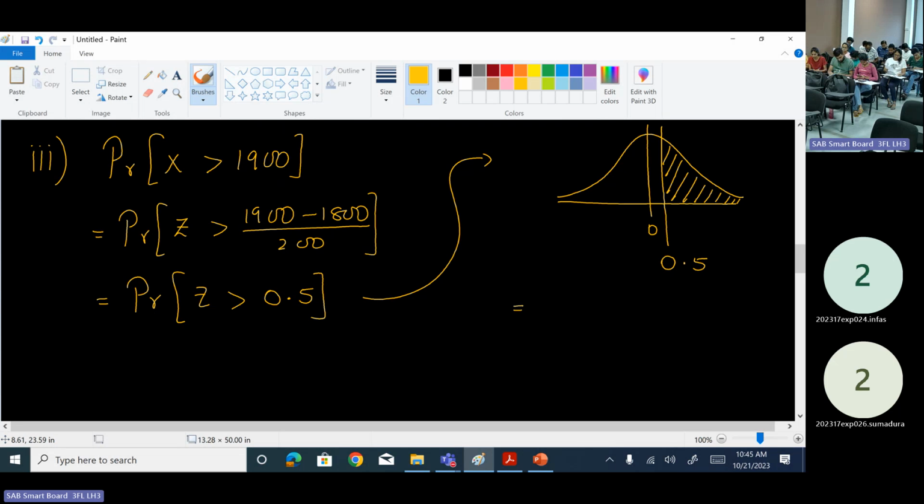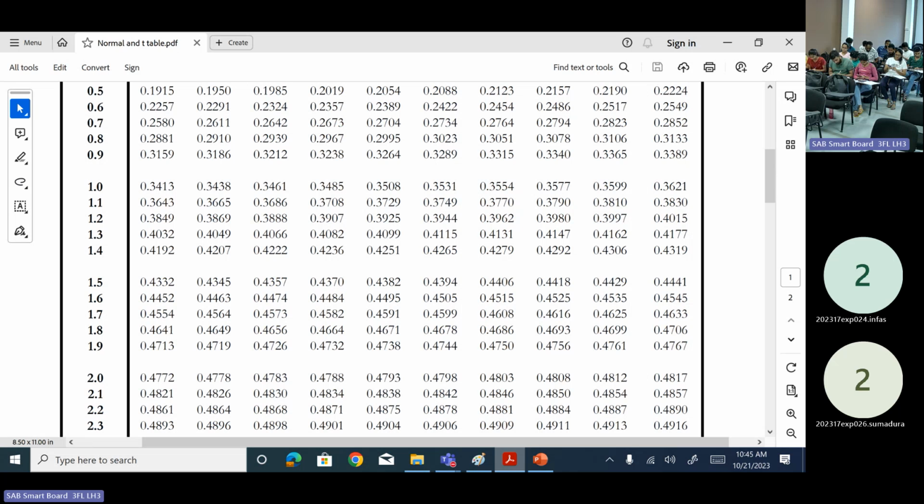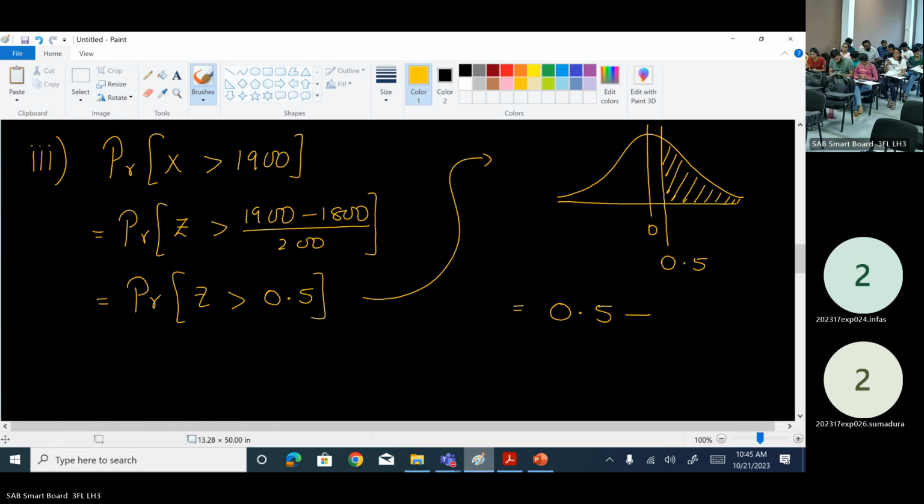So from 0.5, subtract this area. We got the probability, but they are not asking for the probability, they are asking for the percentage.